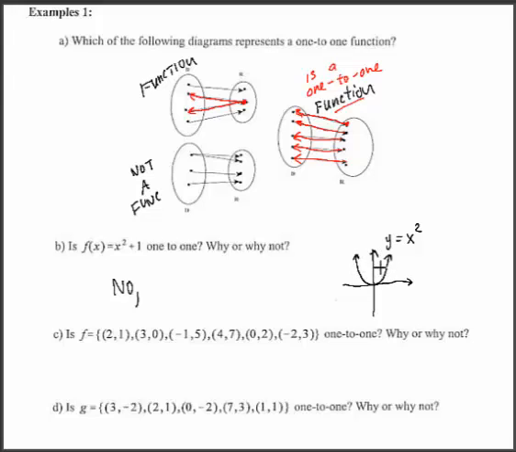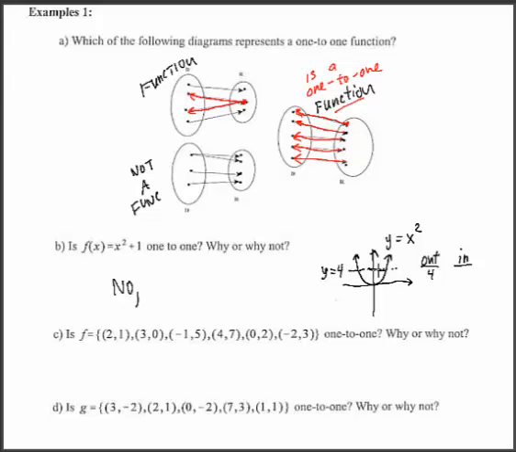If I take one of the outputs and map it back to the inputs, for instance, let's say y equals 4, what would give me an output of y equals 4?